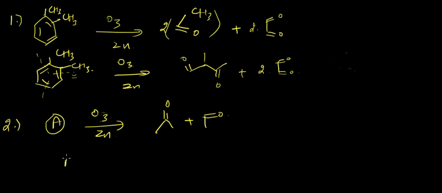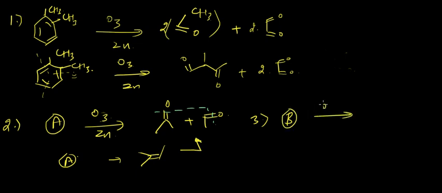We easily know that there has to be a pi bond when we actually remove this. So the structure should be something like this, because ozonolysis of this structure would give me these products. Okay, so let us look at the third example.